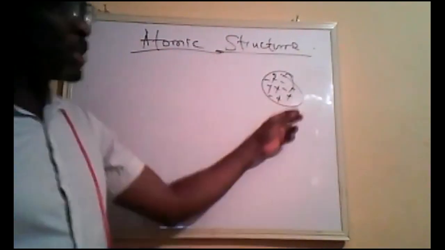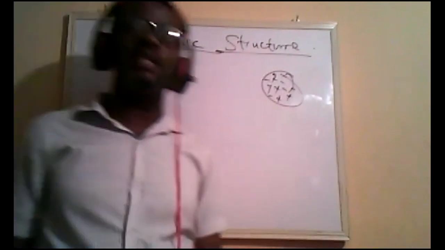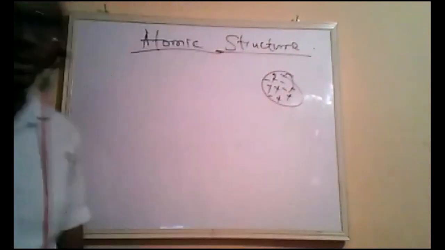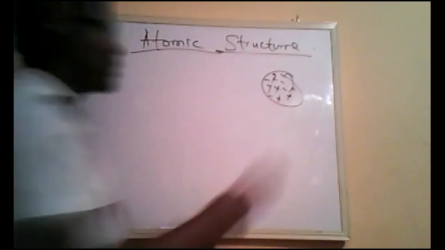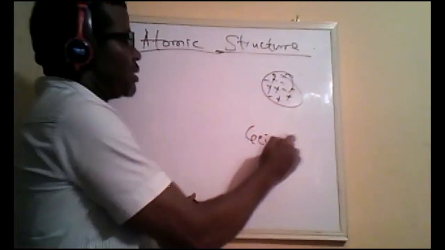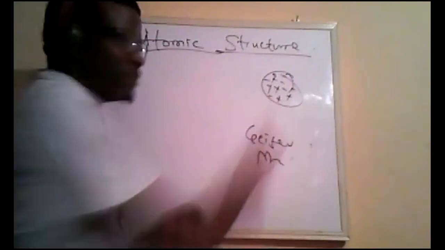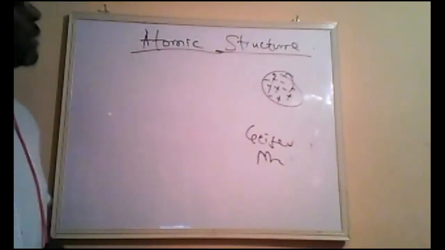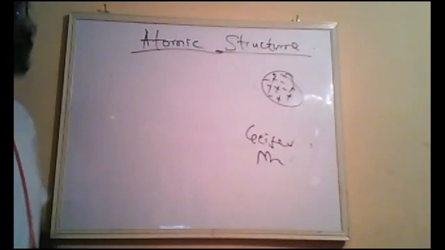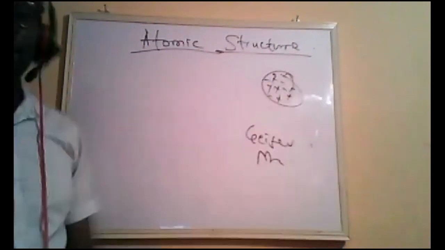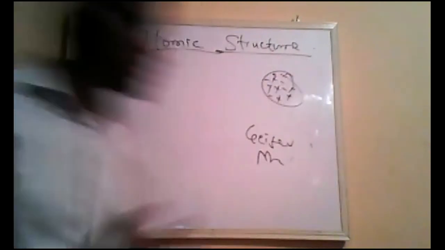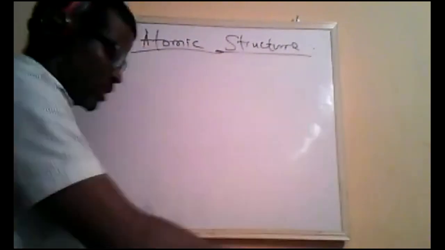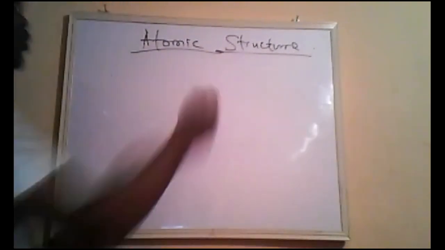But through experiments, especially the one carried out by Rutherford, with his two students, Geiger and Marsden, they performed a groundbreaking experiment, and based on their findings, this earlier model was no longer tenable. So from there, we have the Rutherford model of the atom, which we still use today.